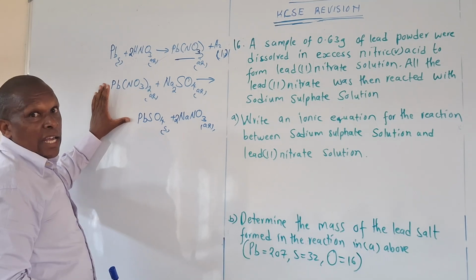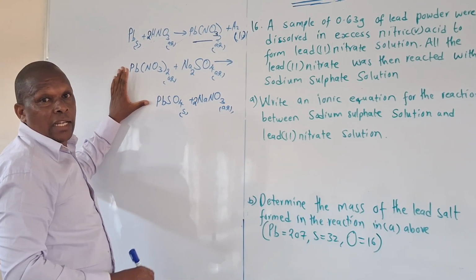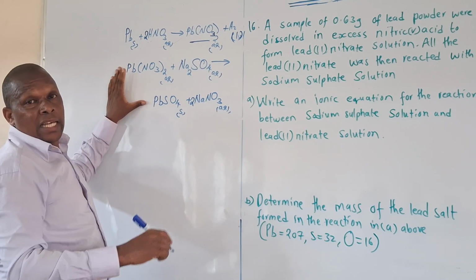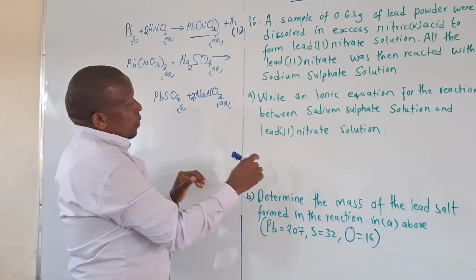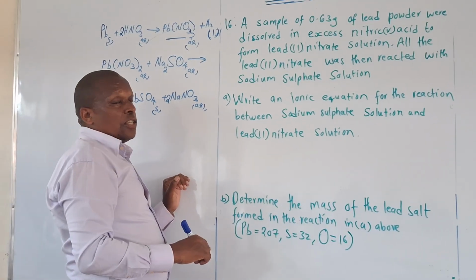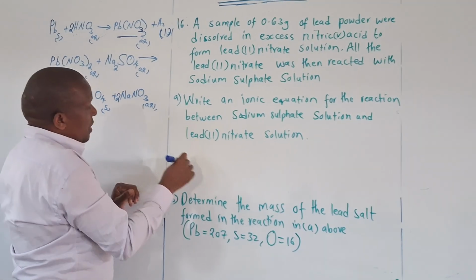But this is not an ionic equation. This is known as a stoichiometric equation, an equation which contains the reactants and the products. Very good. So we can write the stoichiometric equation and then use it to get the ionic equation. So we copy this one the way it is.